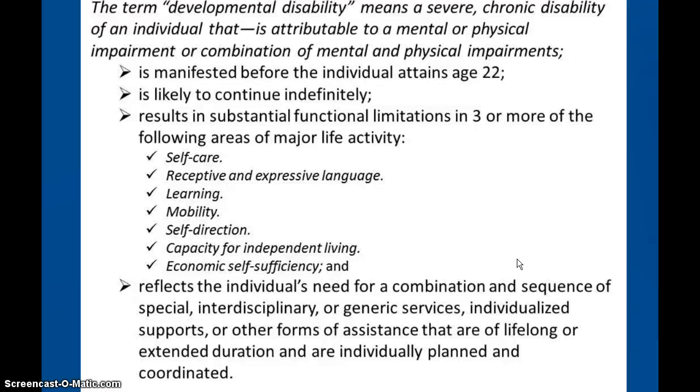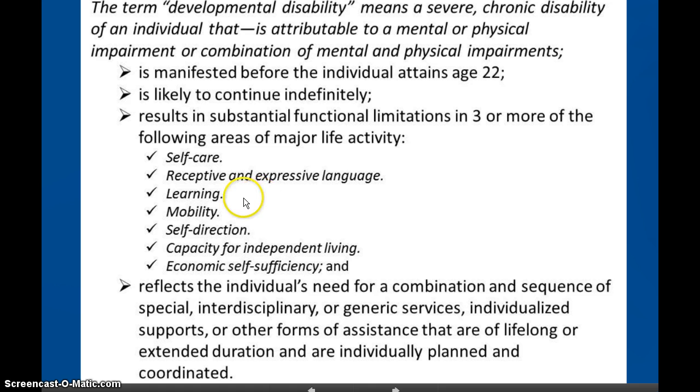It's a severe chronic disability that is attributable to mental or physical impairment, or a combination, before age 22, is likely to continue indefinitely, and results in substantial limitations in 3 or more of these areas: self-care, receptive and expressive language, learning, mobility, self-direction, capacity for independent living, or economic self-sufficiency. Got to have 3 of those.